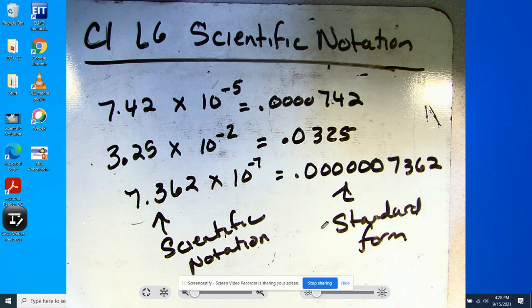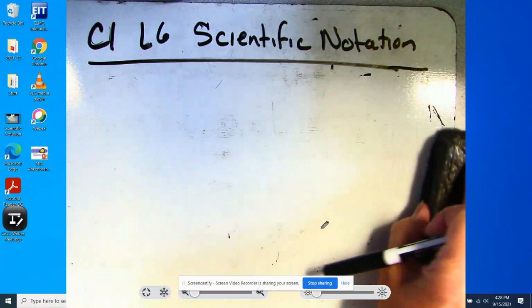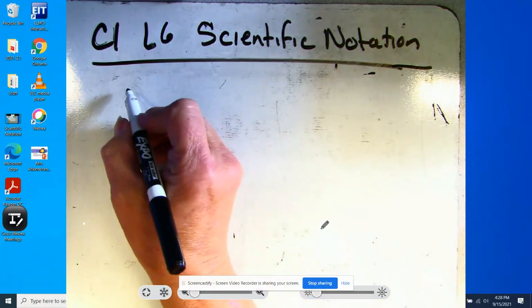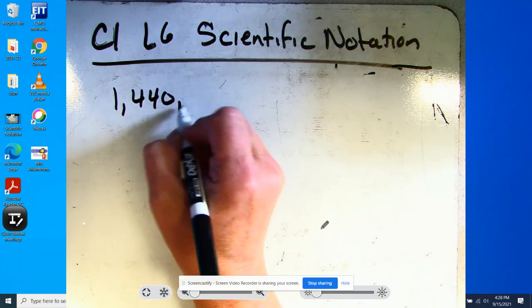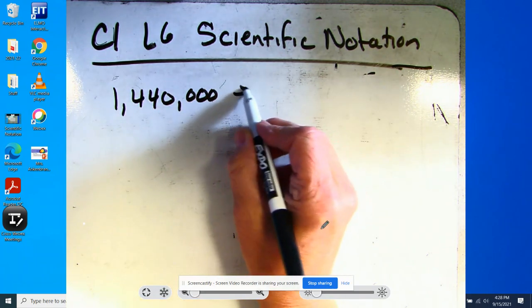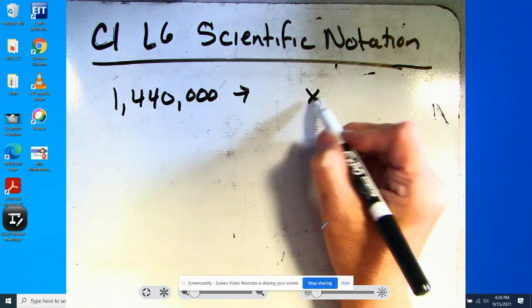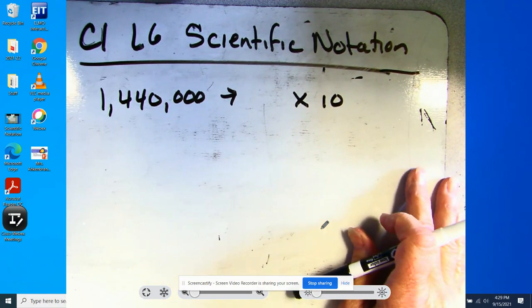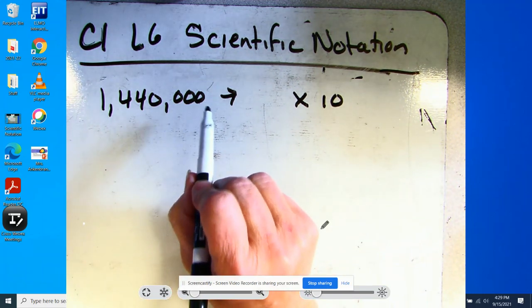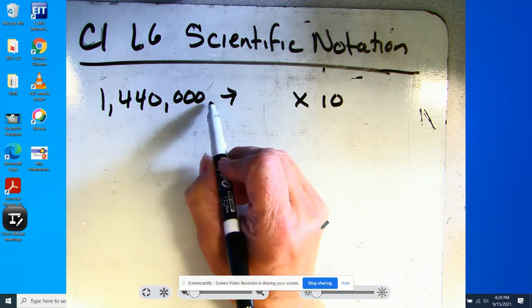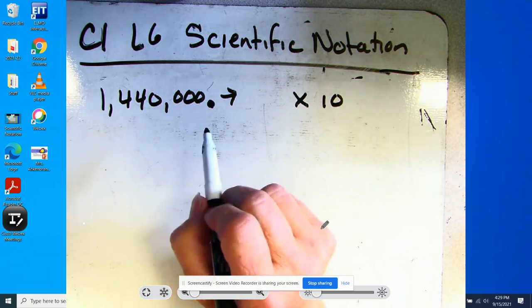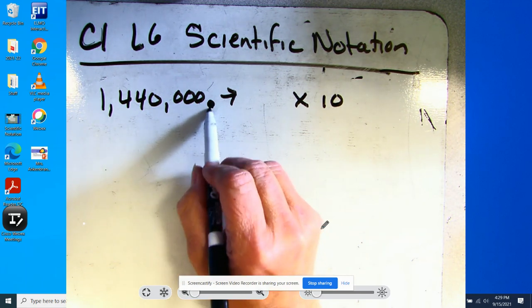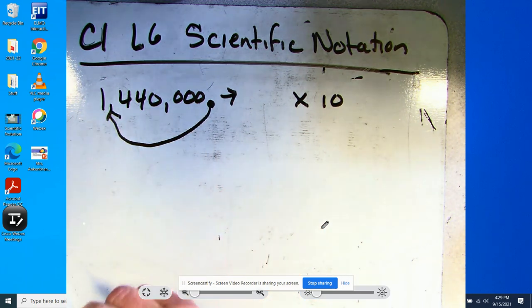Okay? Well, if you can take numbers from scientific notation and put them in standard form, the opposite is going to be what you do next. You're going to take things in standard form and put them in scientific notation. So if I give you a number like this and ask you to put it in scientific notation, you know it's going to be times 10 to the power of something. In order for us to pick a number, we have to move the decimal, which is right here at the end, and put it someplace where I create a number between 1 and 10, which means I'm going to move it up here between the first 2 digits.